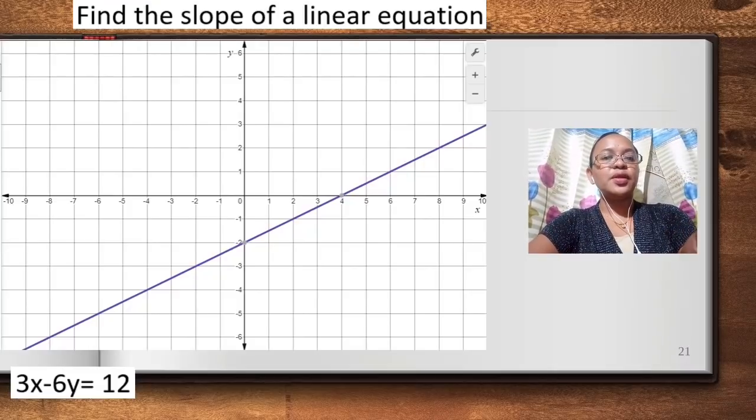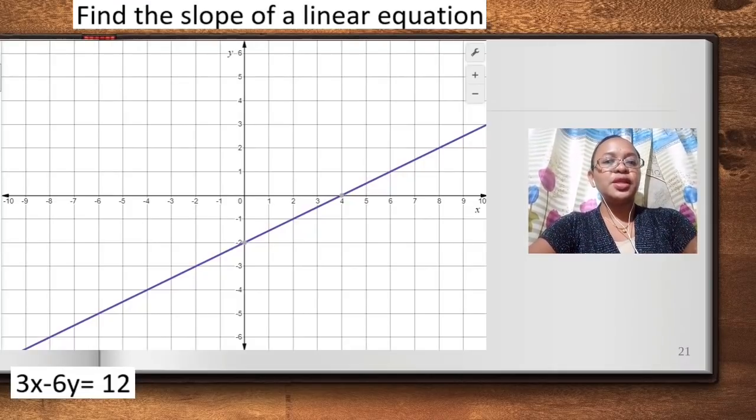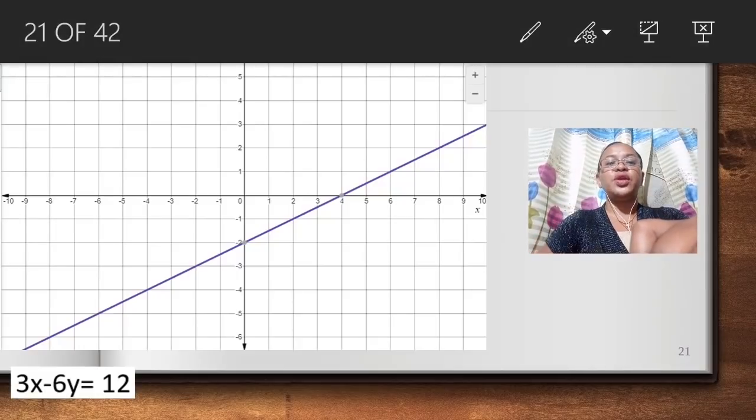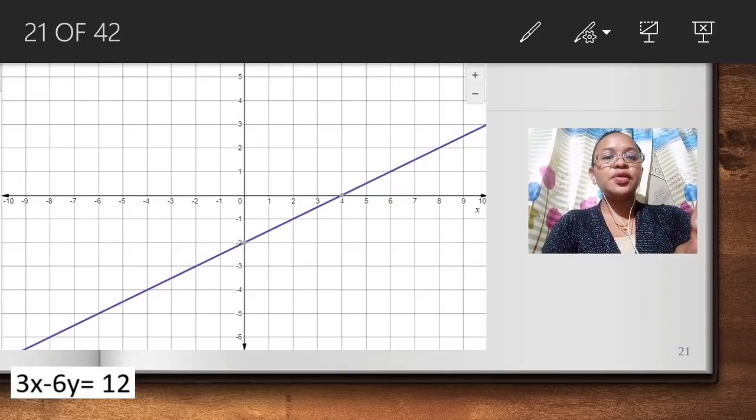For example, I will have this point here that is (0, -2). From (0, -2), I will count upward. That is the change in y.